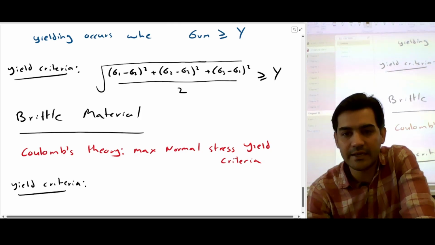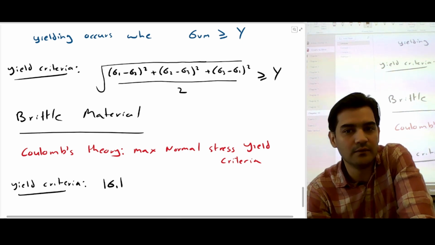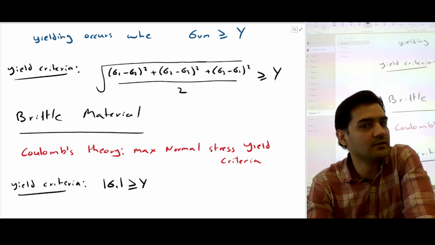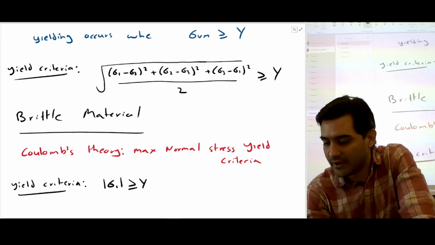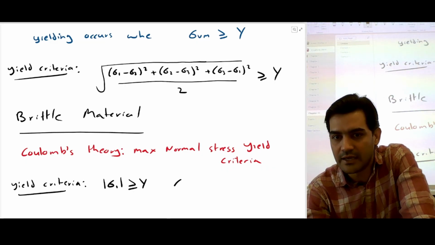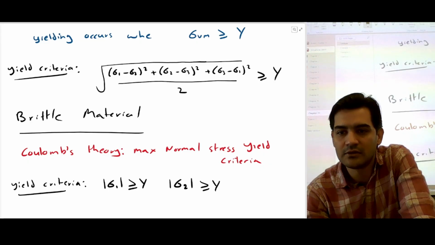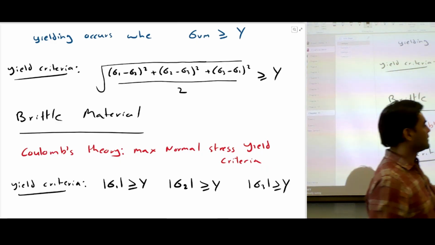So the yield criteria is you have to take stresses, original stresses, stress 1, which is the maximum principal stress, and if it's more than the yielding of the material, then it will fail or yield. And similarly, you can also compare other principal stresses, and if it's a three-dimensional stress element, you can also compare it with sigma 3.